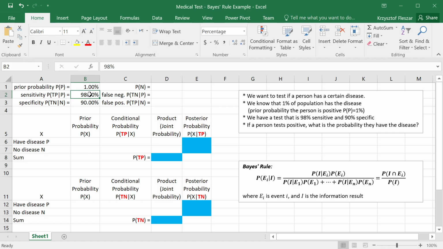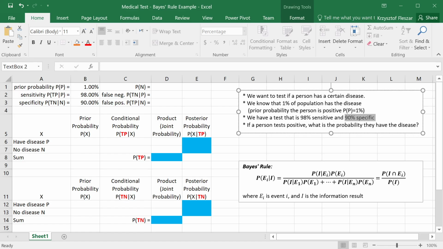And this actually shows you how imperfect the test is. If the test was perfect, this would be 100%. If a person has the disease, they should test positive. But unfortunately, not all tests are 100% accurate. And so that's sensitivity. And the other parameter is specificity.